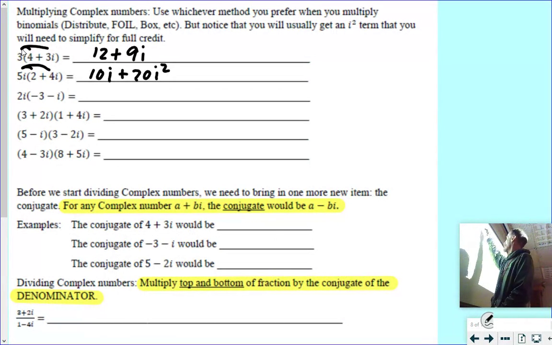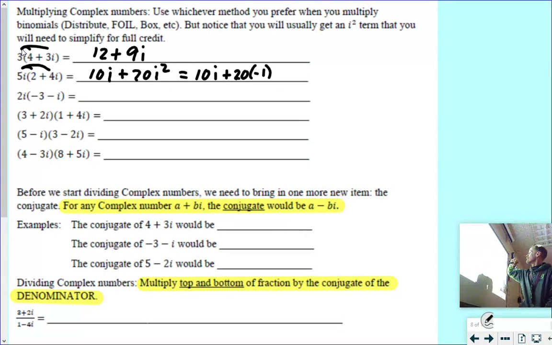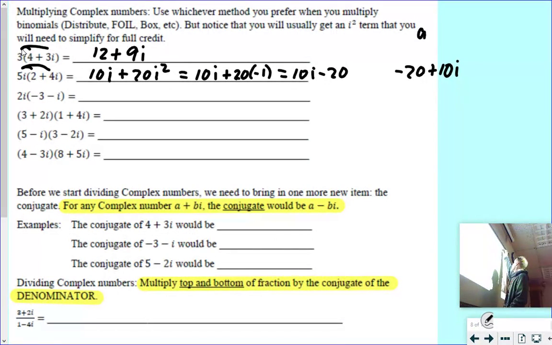So we know i squared is -1, so really this is 10i plus 20 times -1. And so that would be 10i minus 20. Now, that's okay. I'm not going to get picky about that, but we should write that as -20 plus 10i, so that our answer is still written in that same complex number format.